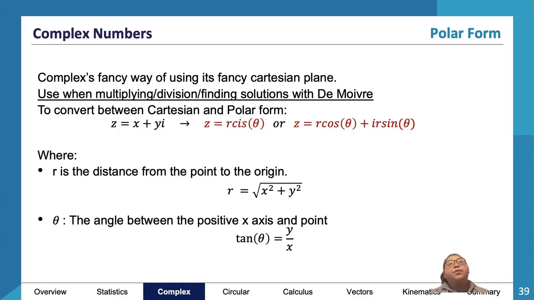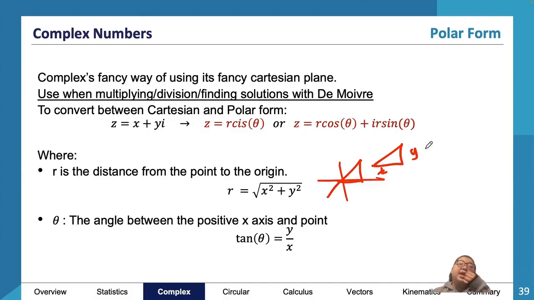To convert from Cartesian to polar, all you need to do is equate it to r cis theta. Because it's a distance and then an angle, how you find them is based on where your point is sitting. If we think of a graph, we'll get a Pythag triangle here, so r is just the square root of x squared plus y squared.